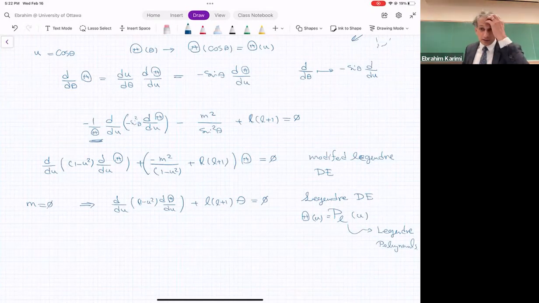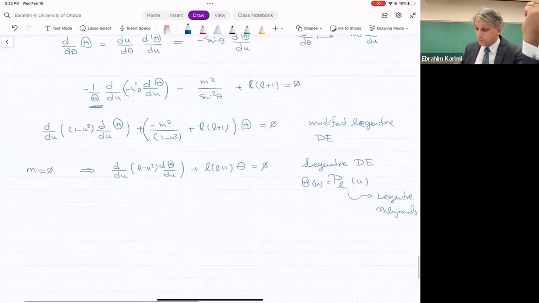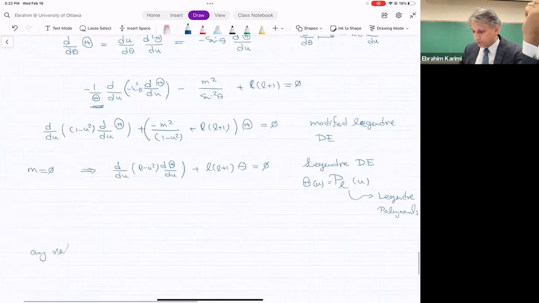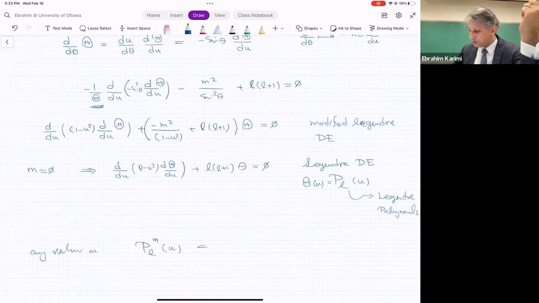And when you know the Legendre polynomial for any arbitrary value of m, not only m equal to 0, then that Legendre polynomial will be labeled by another index, P L M of u, which, since u was cosine, is P L M of cosine of theta.